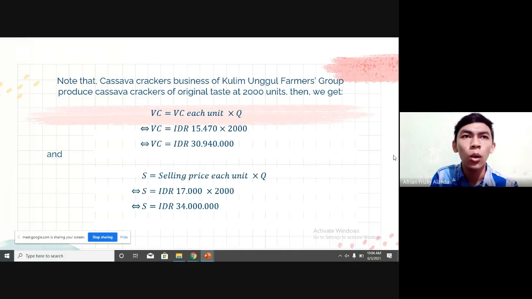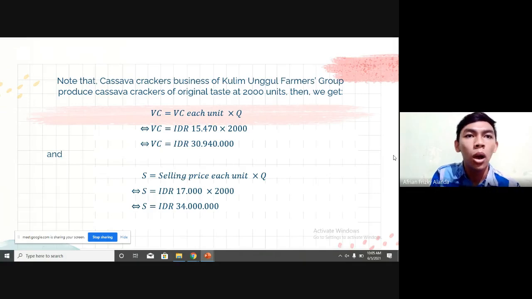Then we get the total of VC is equal to 15,470 times 2,000, and we get the VC is equal to 30,940,000 rupiah.